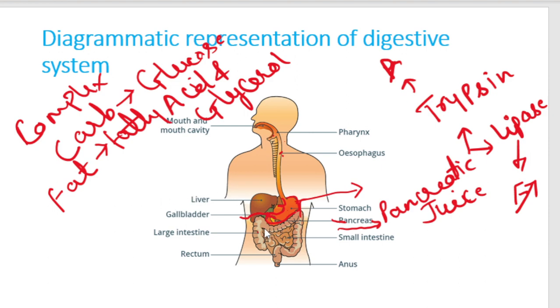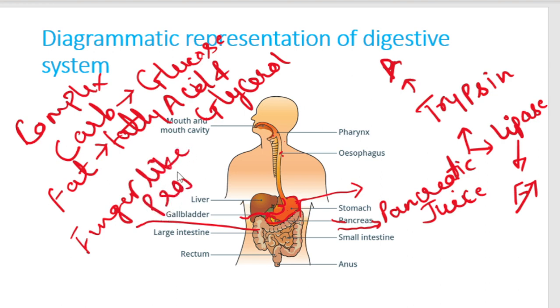Inside the small intestine, there are finger-like projections. These are called villi. These villi increase the surface area for more and more absorption.